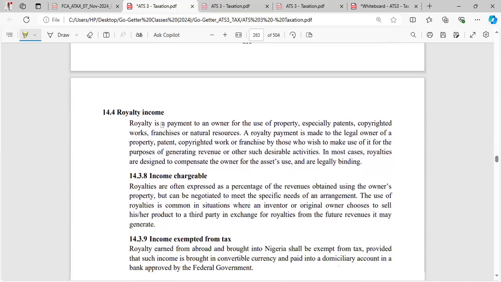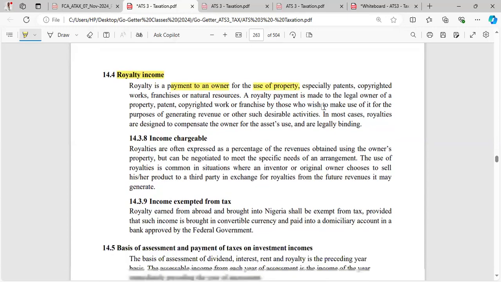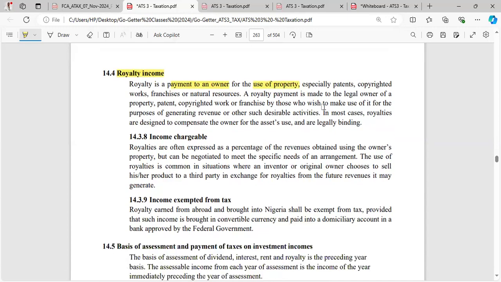Now we go to royalty income. What is royalty income? Royalty income is a payment to an owner for the use of property, especially patents, copyrighted works, franchises, or natural resources.